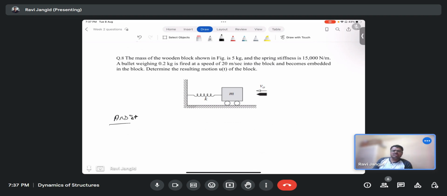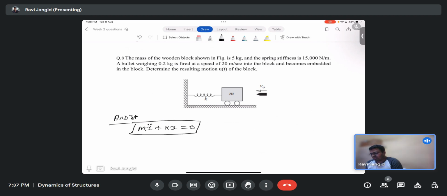The equation is simple for this: m x double dot plus k x is equal to 0. Let me write it in u so that you don't confuse it with the content: m u double dot plus k u is equal to 0.